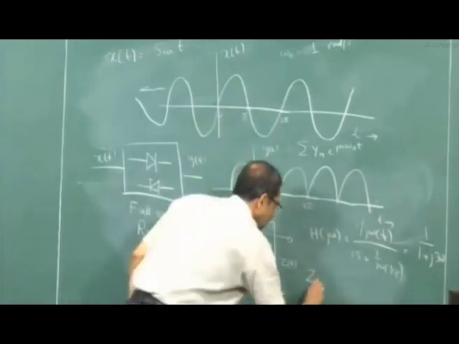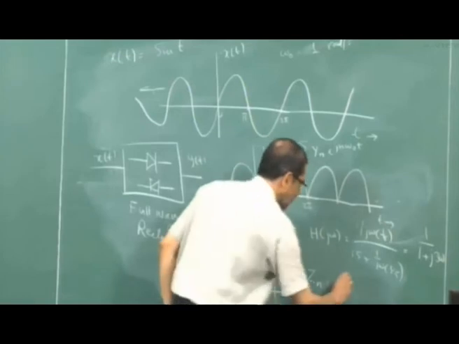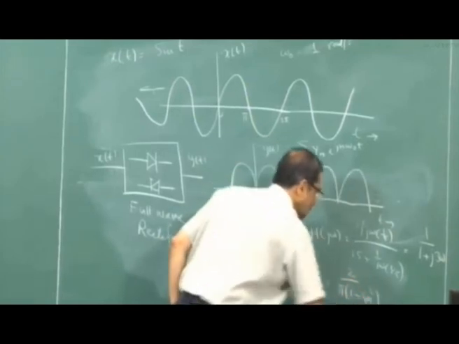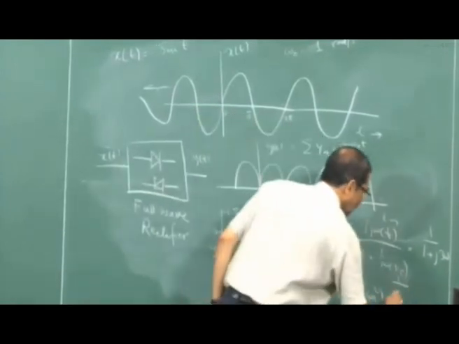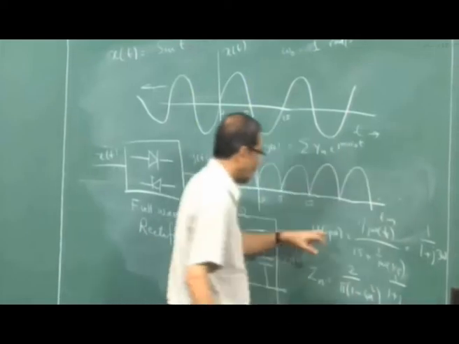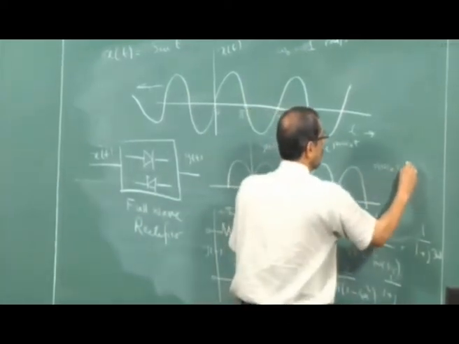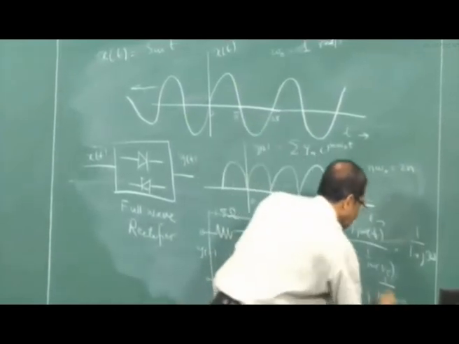j3 omega. I said Zn is yn times H; yn we got as 2 by pi times 1 minus 4n squared, and 1 by 1 plus j3 omega. In place of omega, substitute n omega naught, which is 2, so it is 2n, so it is 6n.